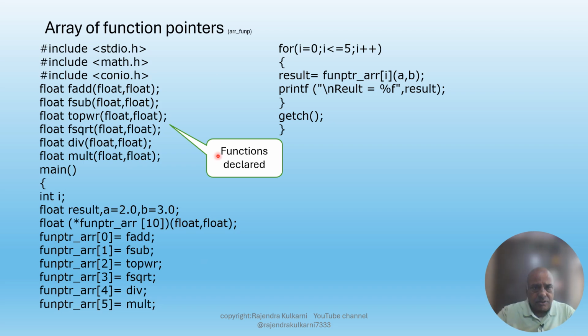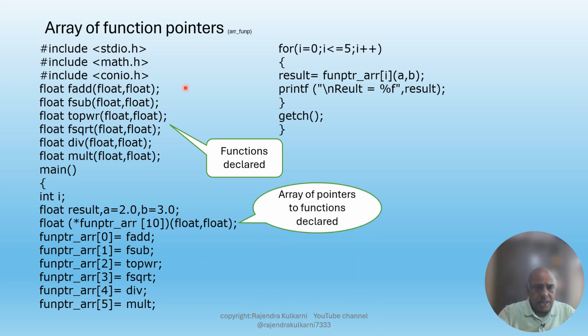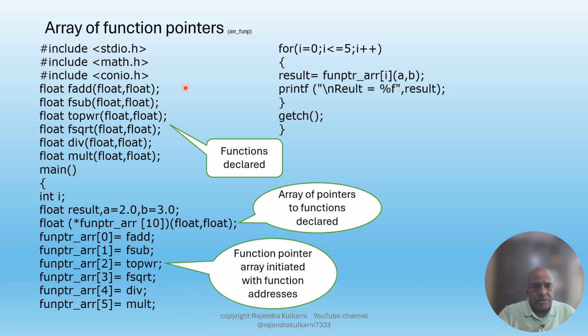So these are the 6 functions we have declared. This is the array of function pointers declared, and the function pointer array initiated with function addresses. This is the initiation, or the population. We are populating the array with the addresses of all these 6 functions.